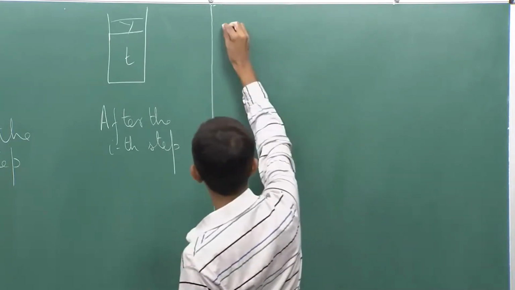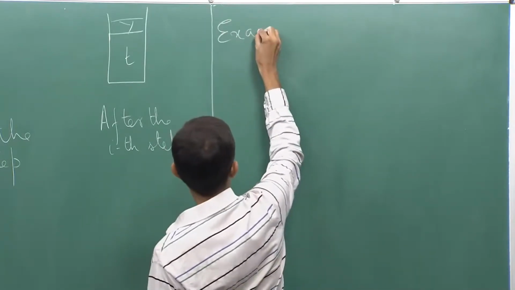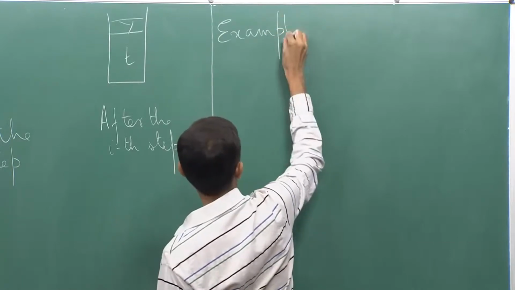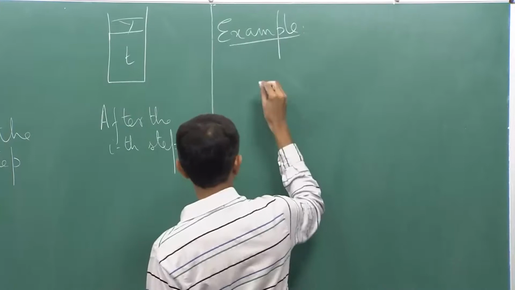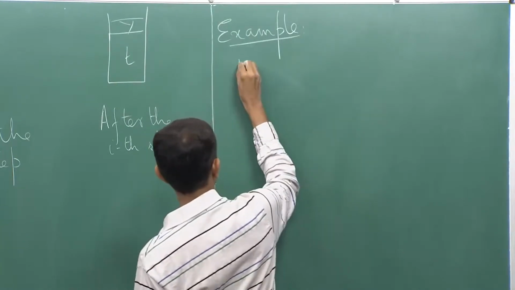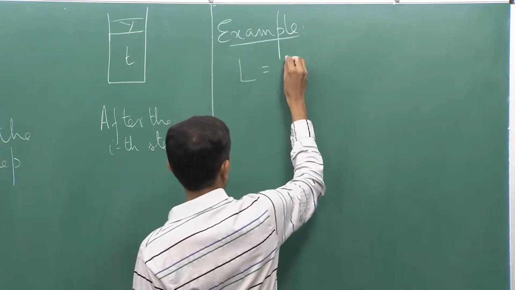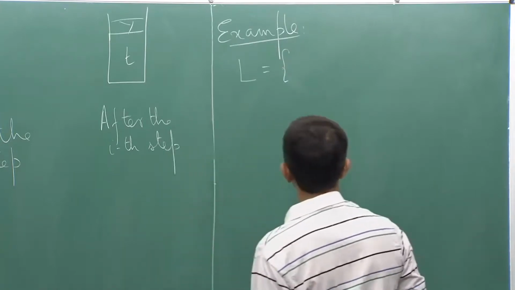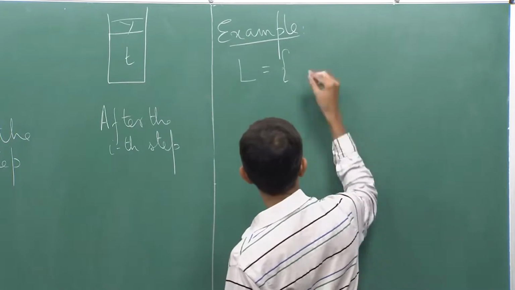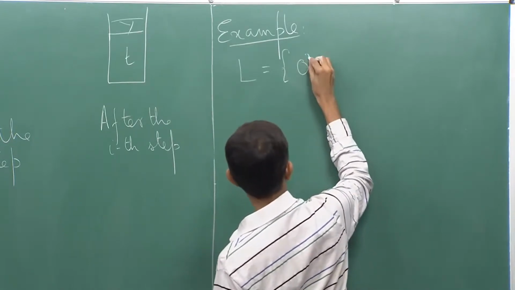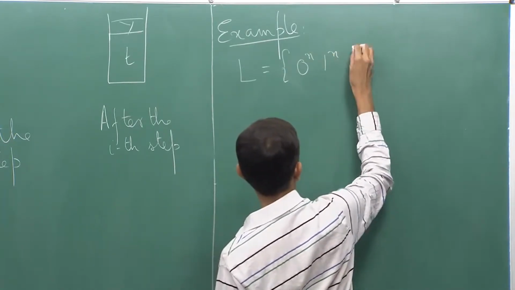Example: we will construct a push down automaton for the popular language 0 to the power n, 1 to the power n.